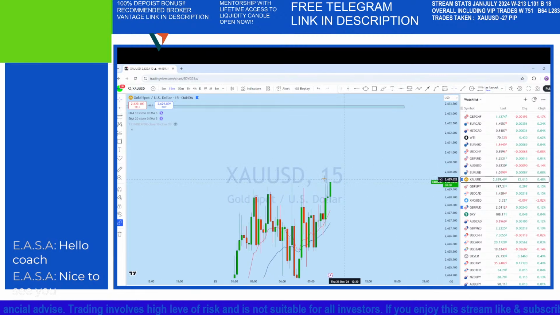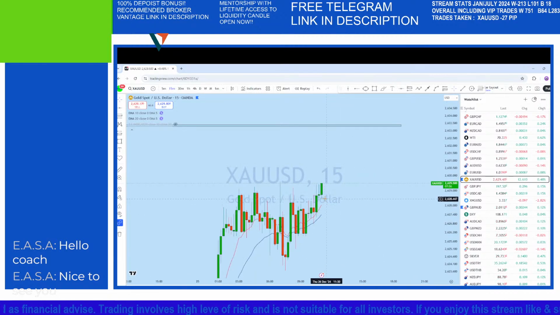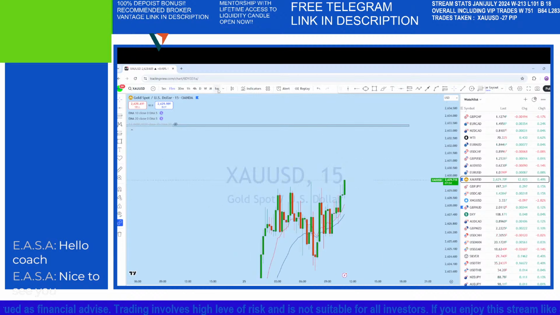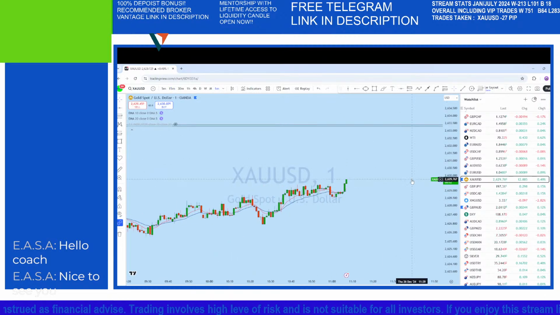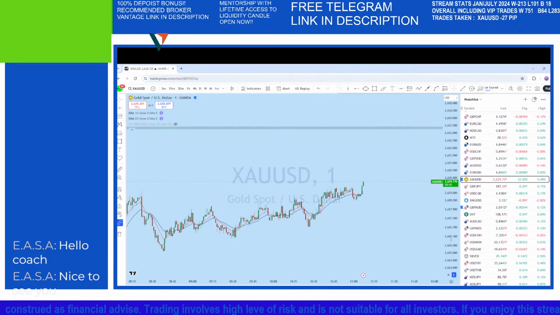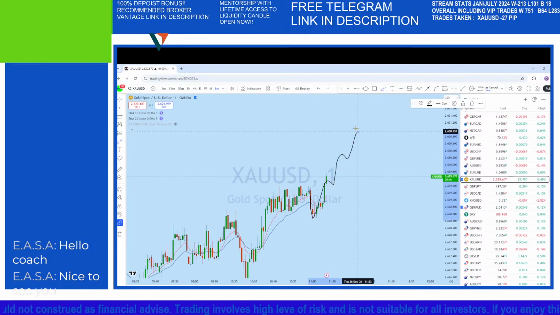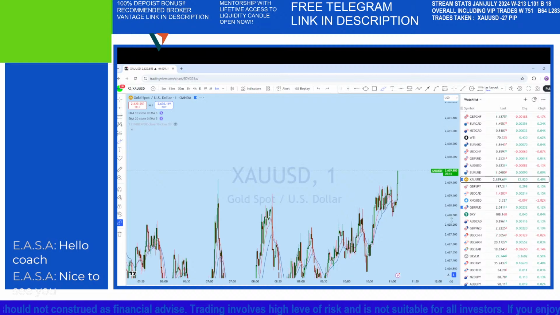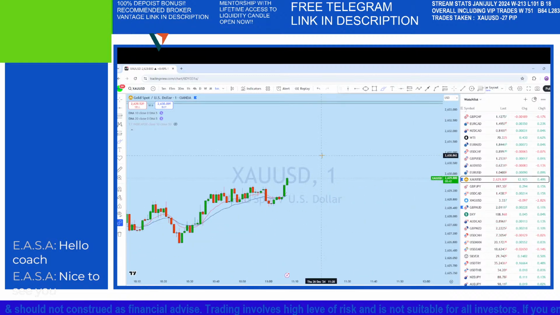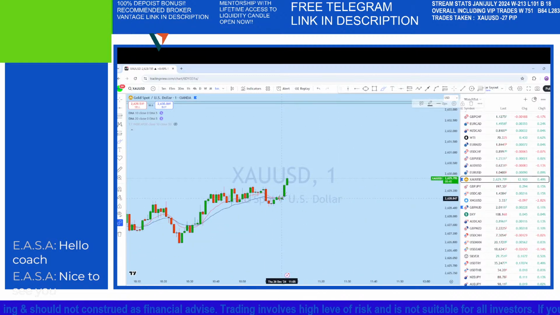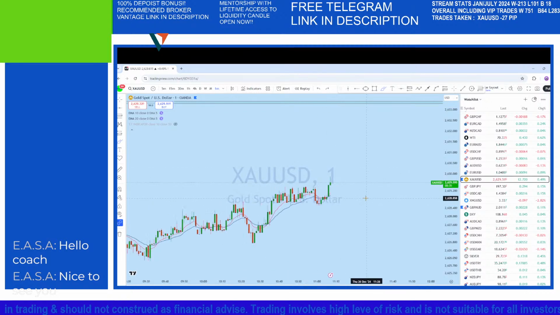After this doji, the market is forming potential bullish price action. Here you can see a break of structure, the market again trending with this upside bias, and with that break of structure, this is also another important support level.